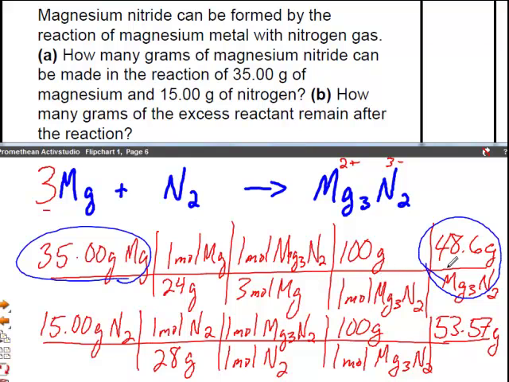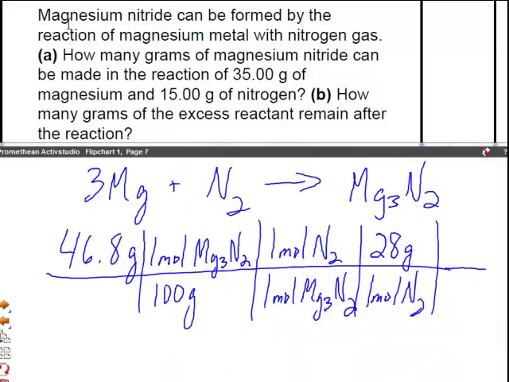The second part of the question is what you can do is based on the formation of 48.6 grams, we can come up with how much of our nitrogen, our mass of nitrogen, would we actually use.